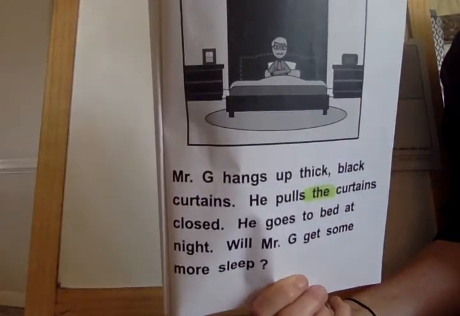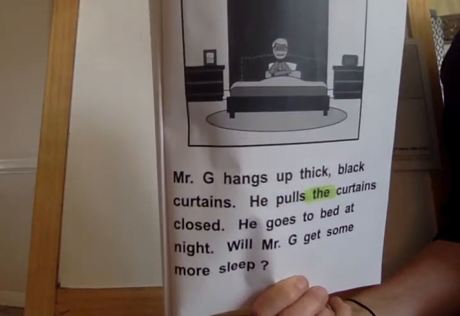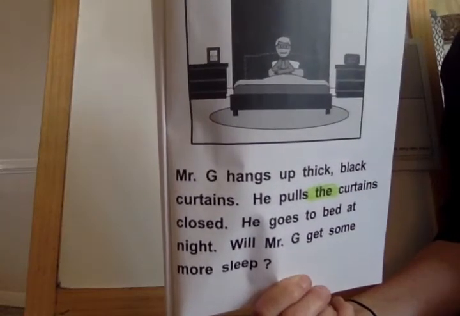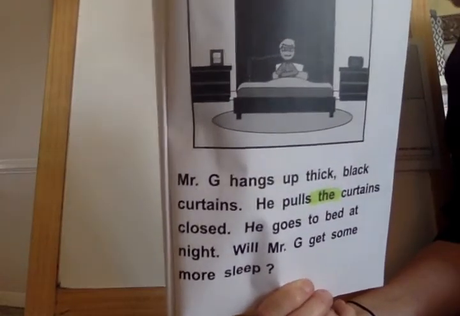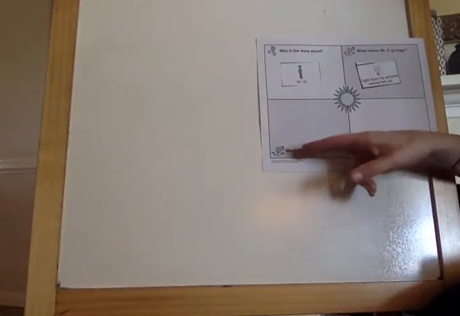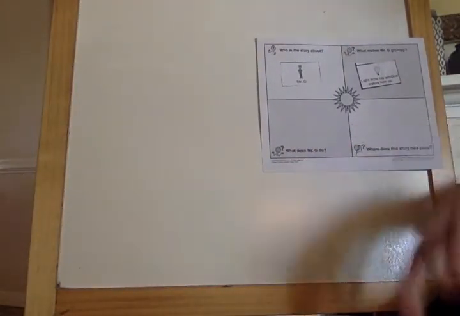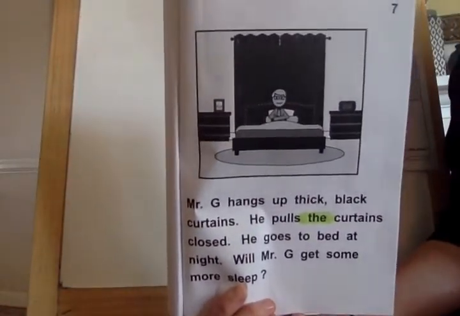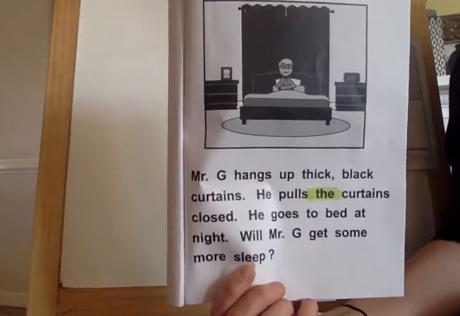He pulls the curtains closed. He goes to bed at night. Will Mr. G get some more sleep? So what does Mr. G do on page 7? Does he cook dinner for his friends?